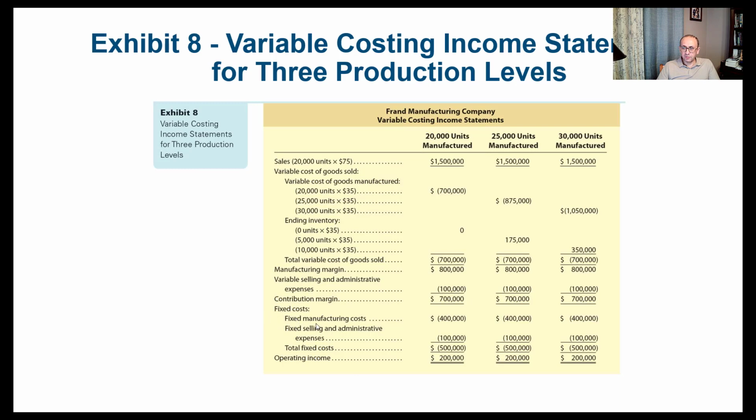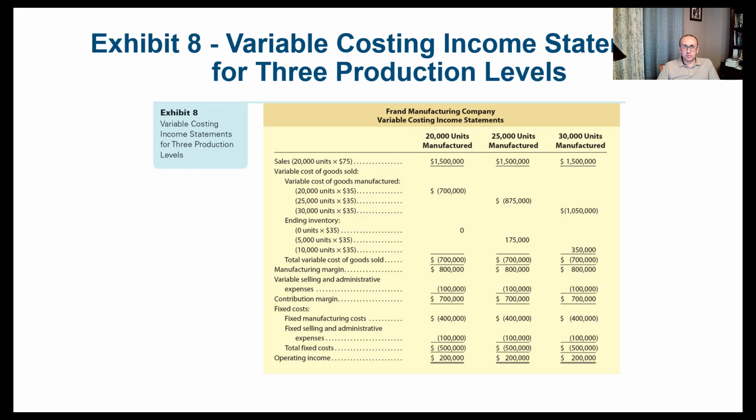Here we have the fixed manufacturing cost and the fixed selling and administrative expenses, the other 100,000, and we also add the 400,000, for a total of 500,000 in each case. That leads to operating income of 200,000 in the 3 scenarios, the 3 proposals that we have. This gives us an idea that under variable costing, the number of units manufactured does not have an impact on your operating income.